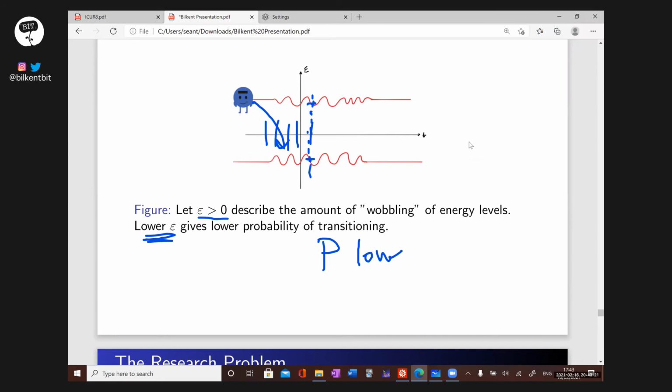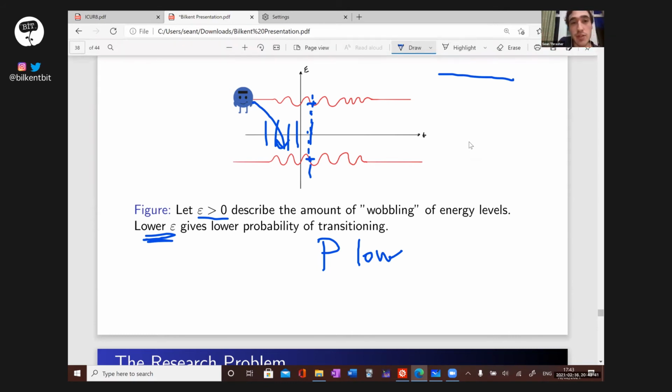Okay, so symmetry breaking can be discussed when there is degeneracy in the energy levels? Exactly, yes. Degeneracy means that there are multiple wave functions that correspond to an energy level, so there are multiple ways to be the same energy level.